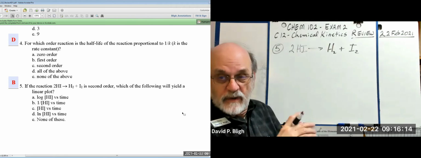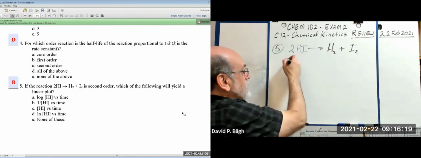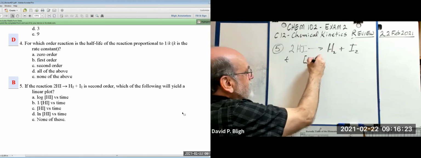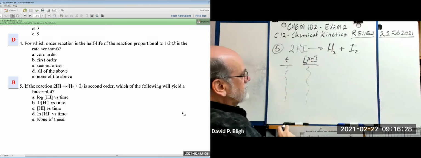Right? So remember how you tell if you've got a linear plot. You take your raw data, right? You've got time, you've got concentration of HI, right? And you have values here and you got values there.